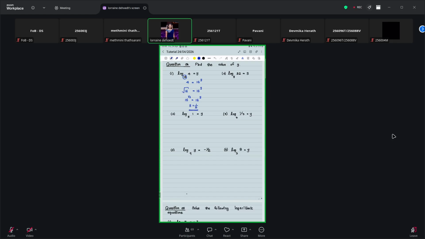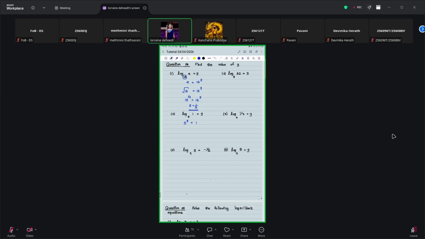Then what happened to the second one? Second one, this is the log format. You can write this one in the index format. It's 5 to the power y equals 1. You already know the zero power of any term.